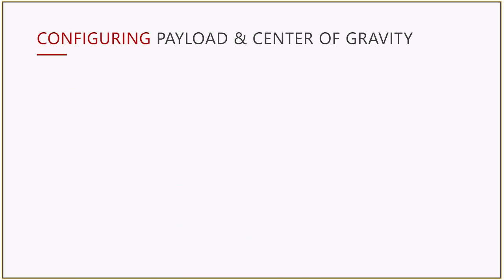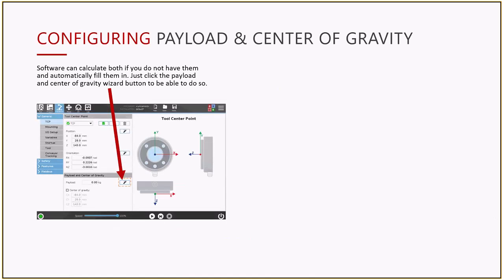Now, the last part and not the least for the configuration part is going to be the payload and the center of gravity. Payload is actually defined as the weight of the tool. So, the center of gravity is the point of the tool where the weight of the tool is divided evenly on each side of that tool.